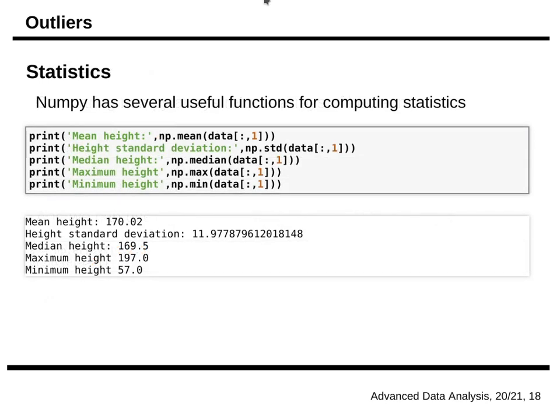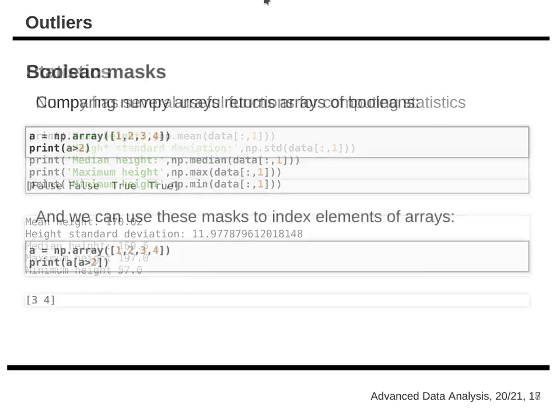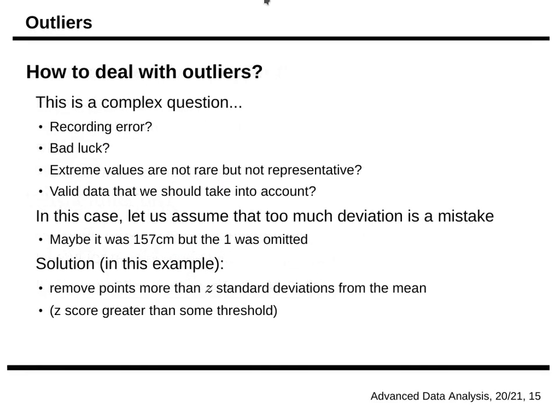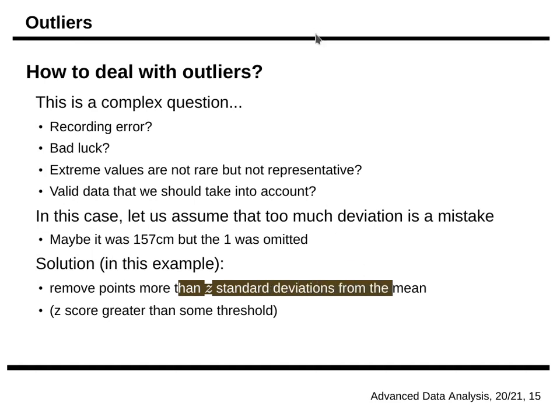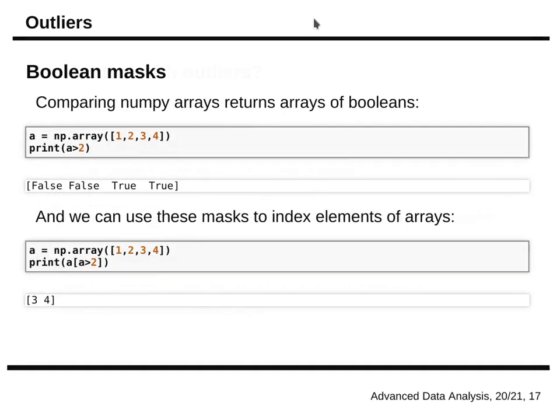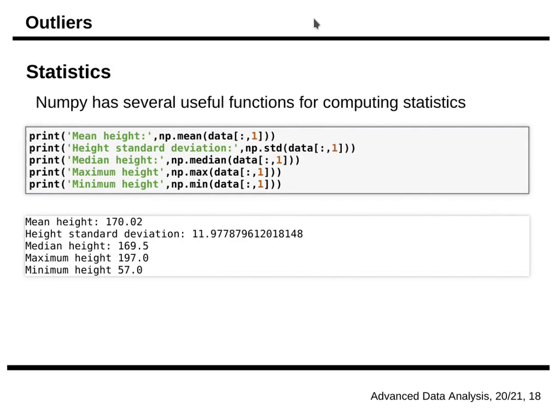We also need statistics. We need the mean and the standard deviation in order to apply our recipe of discarding points that are more than some number of standard deviations away from the mean. This is also easy to do because NumPy has all these basic statistics functions: the mean, the standard deviation, the median, the max, the minimum, and so on.